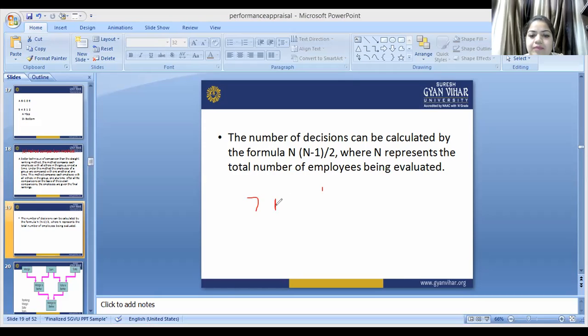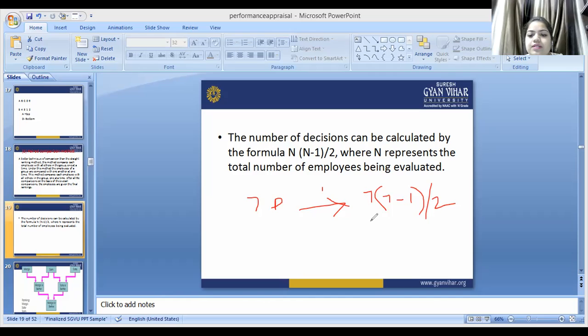How many comparisons? We put the 7 in the formula: 7, and 7 minus 1, divided by 2.